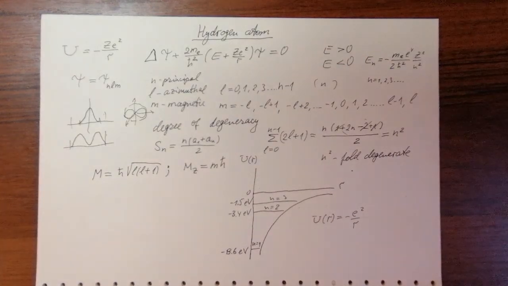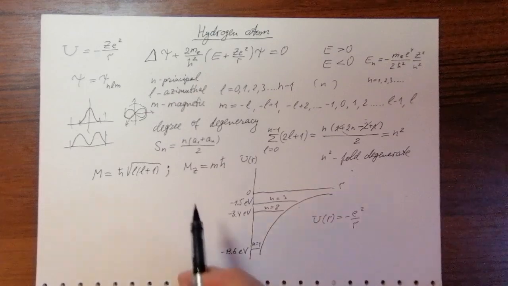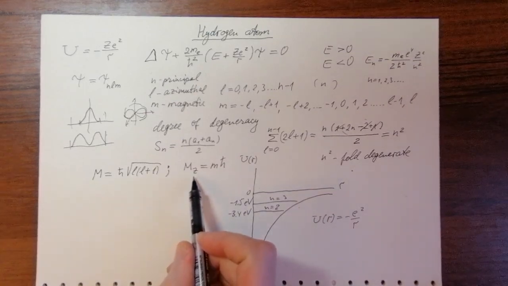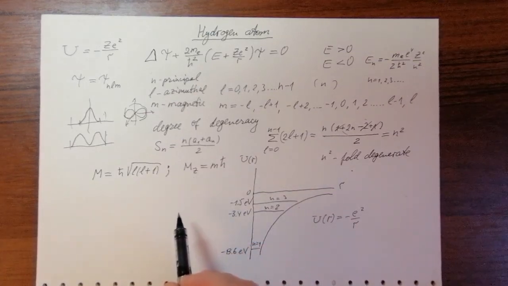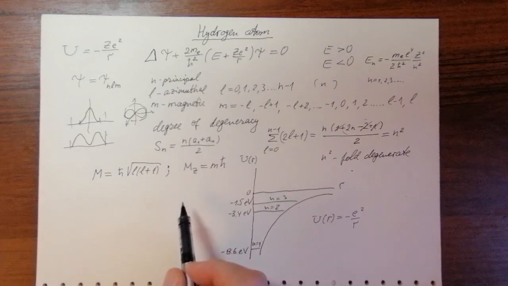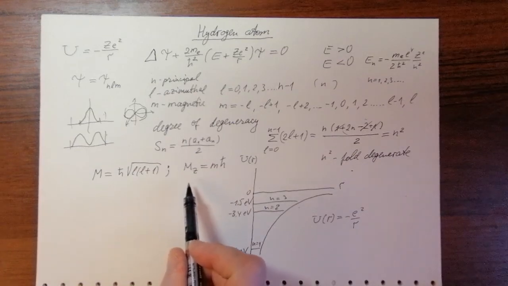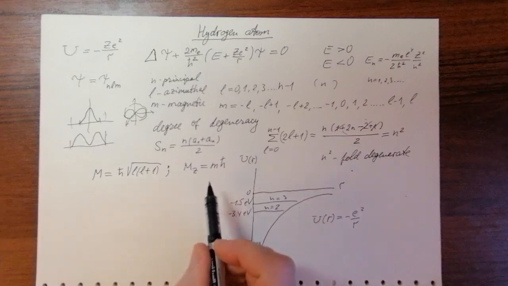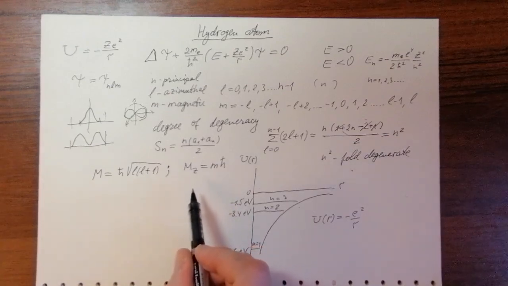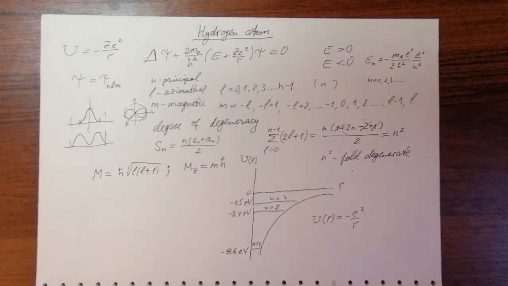Now, as for the momentum of the electron and its projection on some axis, it should also be pointed out that, as we remember, in the case of momentum and coordinate there was an uncertainty principle introduced by Heisenberg.